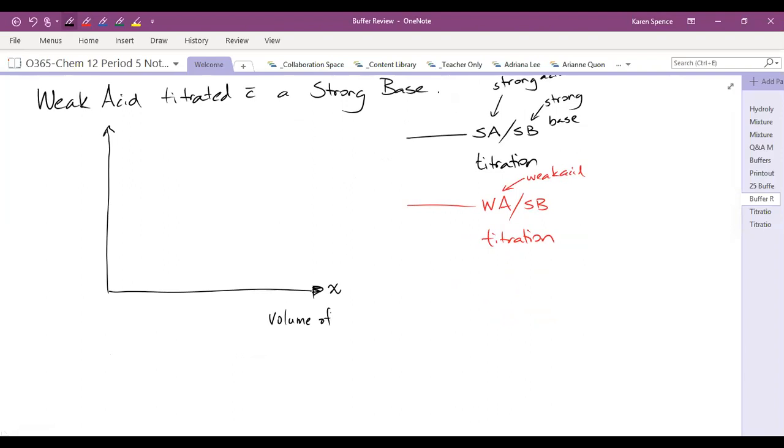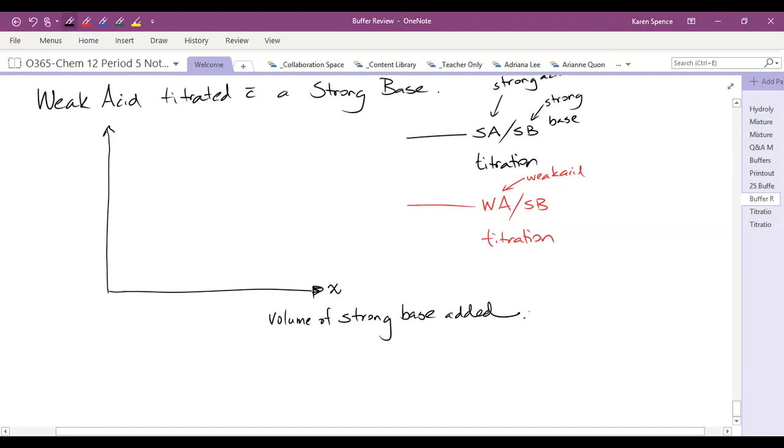Is weak base, strong acid going to be the same? Yeah, except it'll be upside down. Just like the other one was upside down. Okay. So yeah, it's going to be the volume of the strong base added.